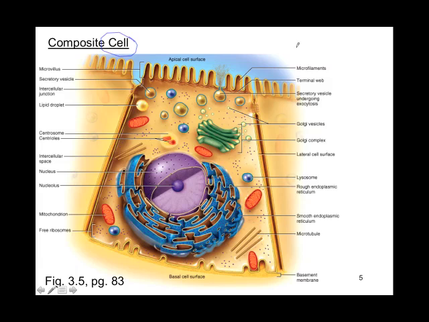And so what we're going to find inside that cell, as I mentioned earlier, is the organelles. These are the miniature organs that essentially define what that cell does. There are a lot of different organelles with a lot of different functions, and I'm not going to list them all here. That will be a subsequent assignment for you, but please understand that not all cells have all of these structures.